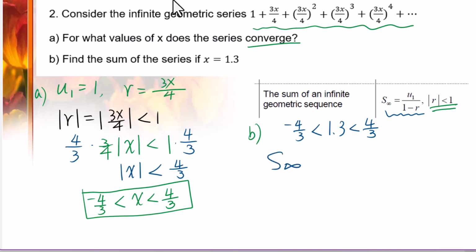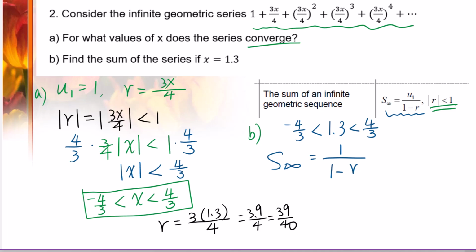S sub infinity equals u sub 1, which is 1, over 1 minus r. We know r equals 3 times 1.3 over 4 equals 3.9 over 4. We want to get a fraction, 39 over 40.